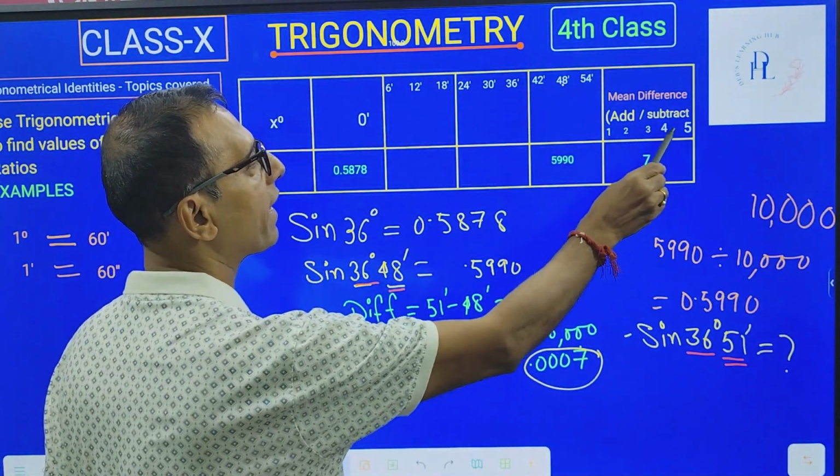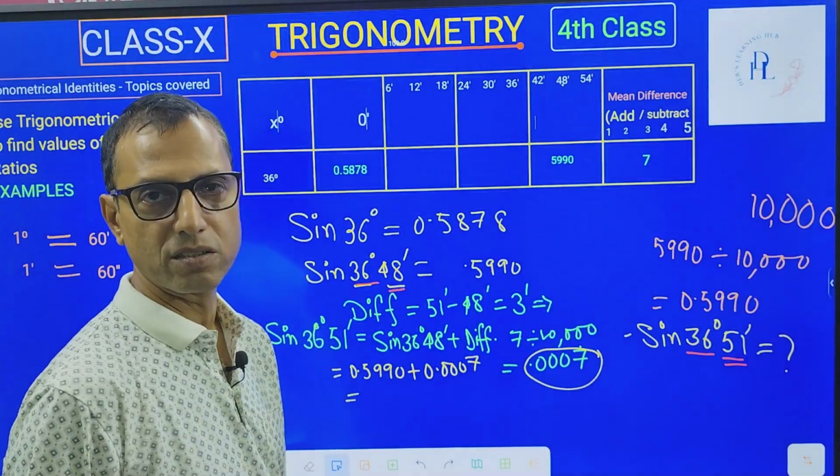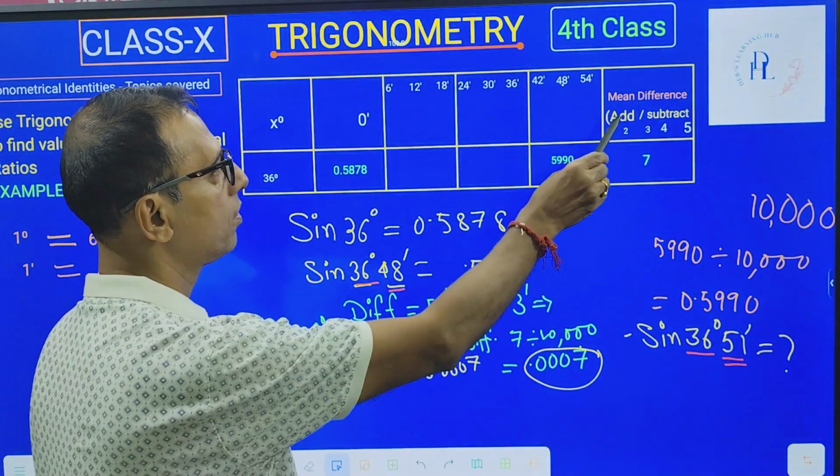So you have maximum 5 mean difference values in the last column.